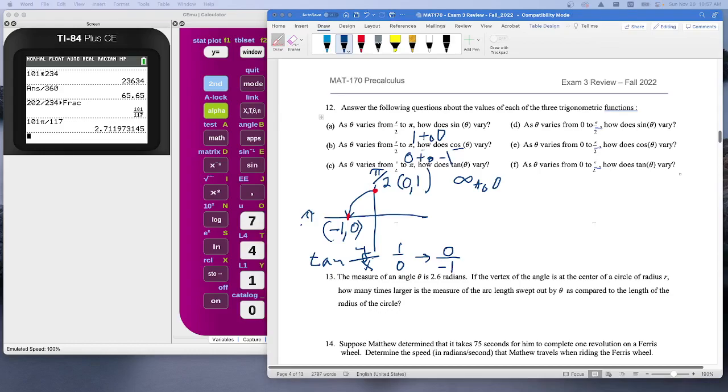I'll just check how they got it listed. See, negative infinity. Yeah, I guess it's because of the x's. As x moves away from 0, it is going to be a negative number.